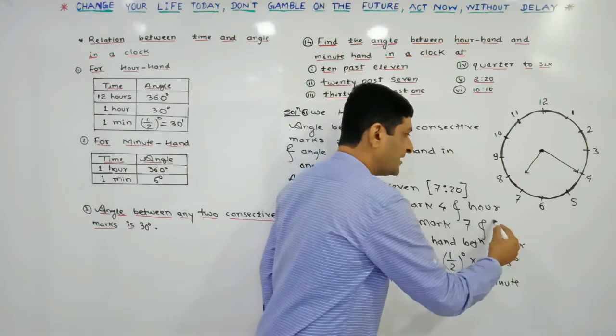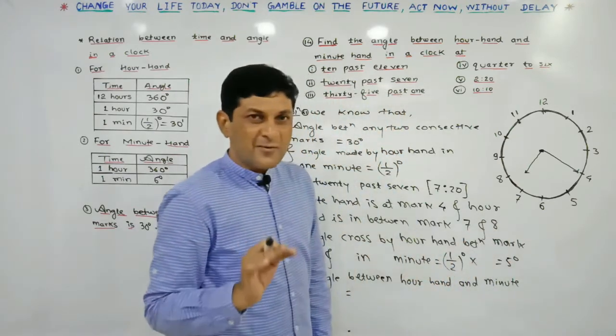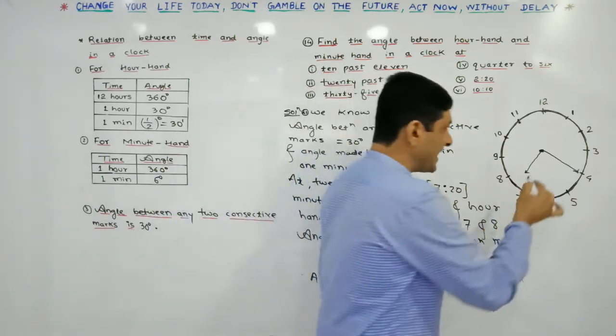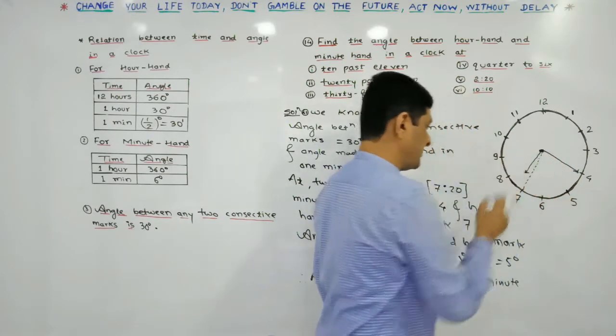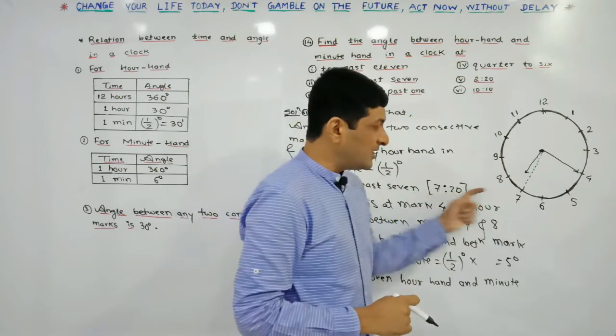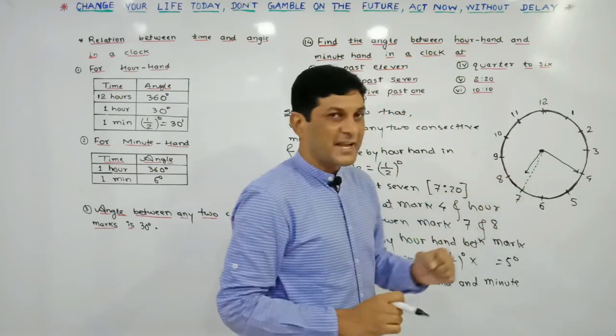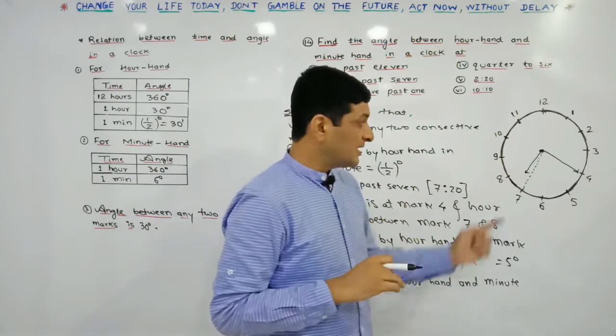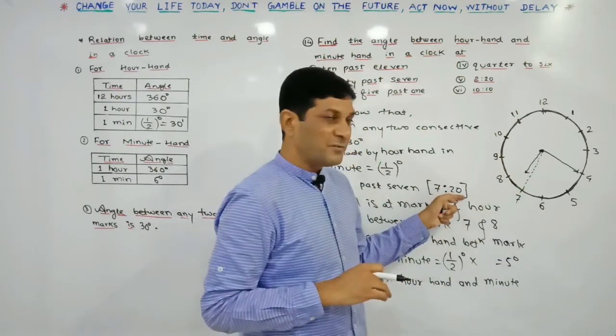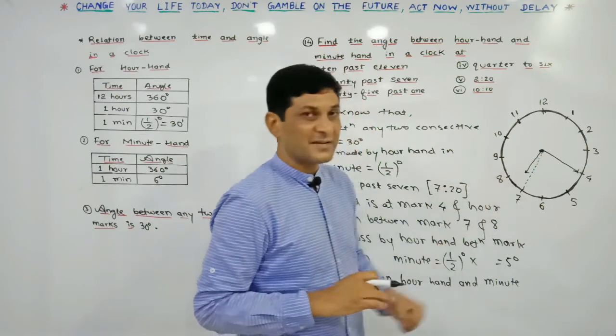Now we are trying to find out the angle made by this hour hand in 20 minutes, in between marks 7 and 8.